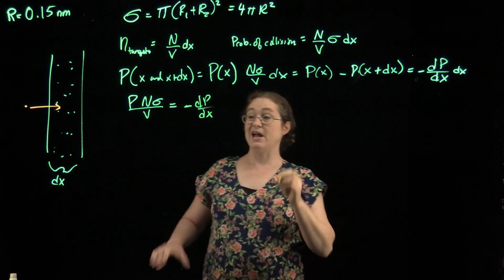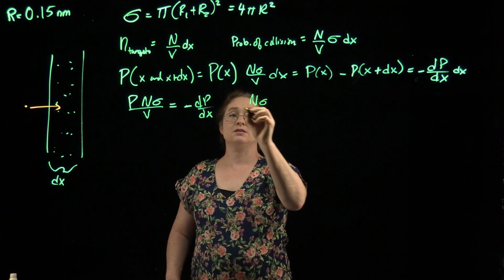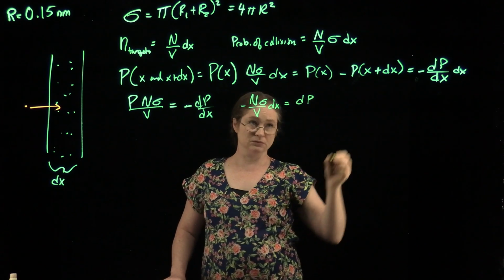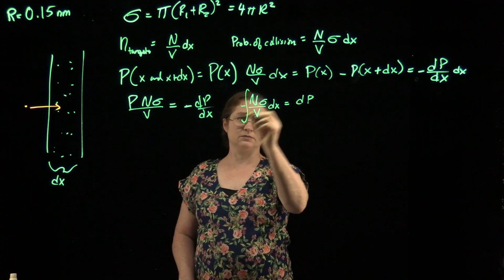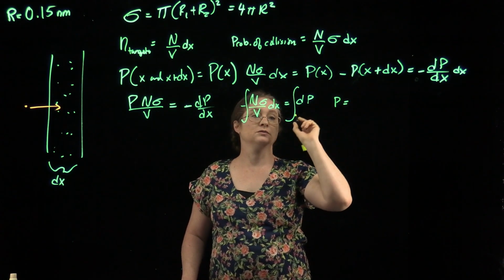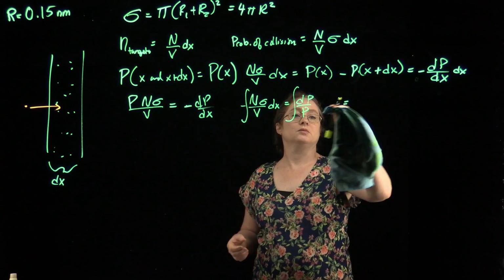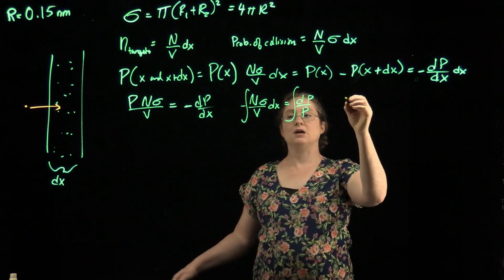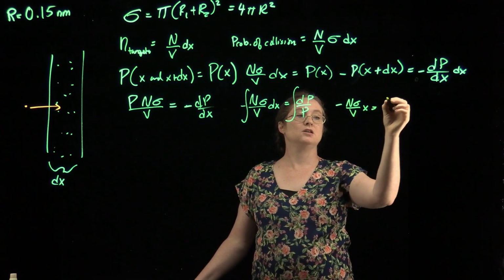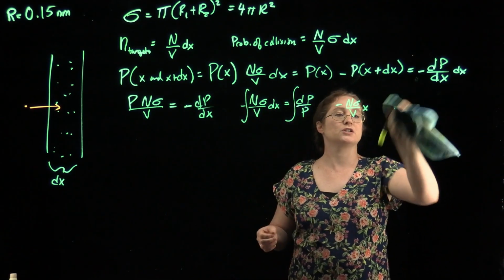Multiply on both sides by dx, and divide by P. I rearrange this, and negative n sigma over v dx equals dP over P, I forgot my division by P, and I integrate. So here I get negative n sigma x over v equals the natural log of P, plus a constant, let me put my integration constant there.